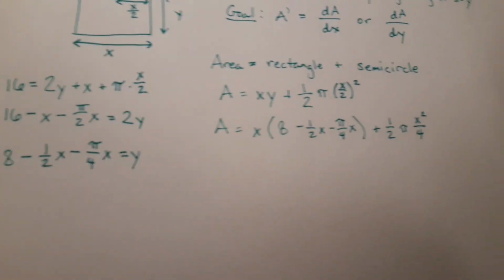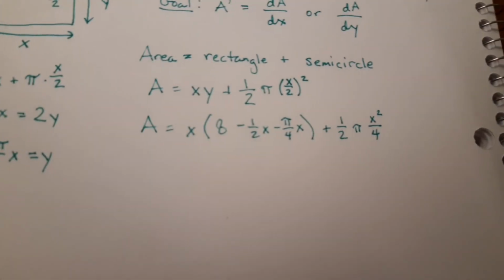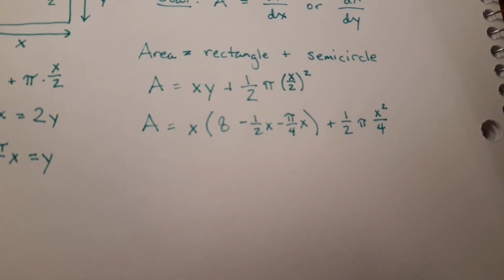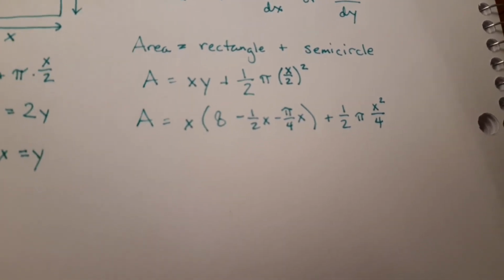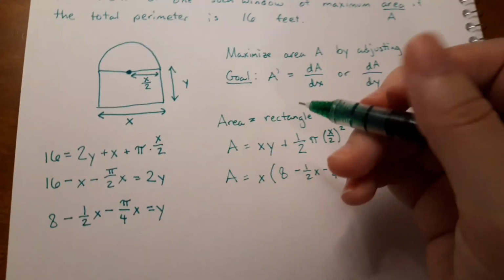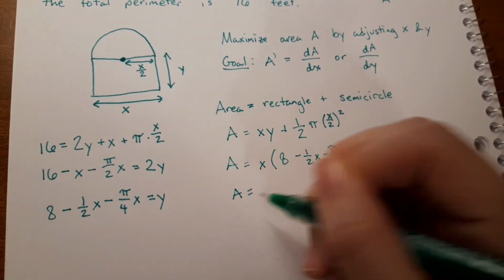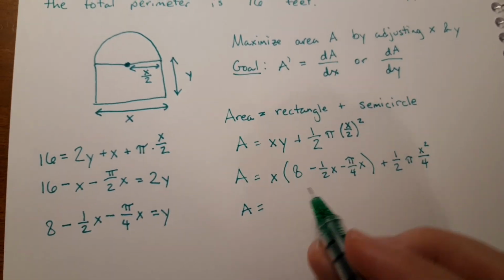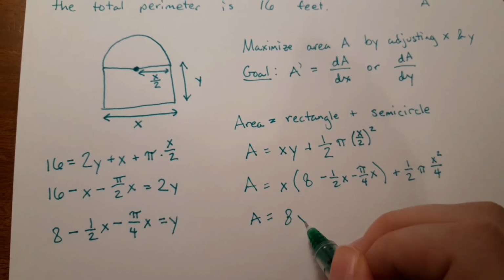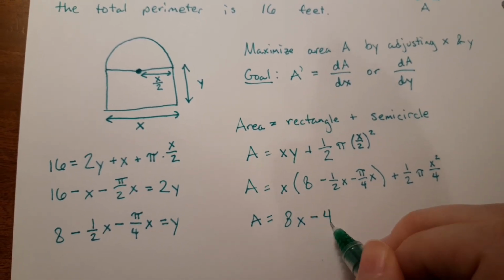So we get this new equation, which we want to take the derivative of. Before we differentiate it, let's simplify it. So A is going to be equal to 8x minus 4x squared.